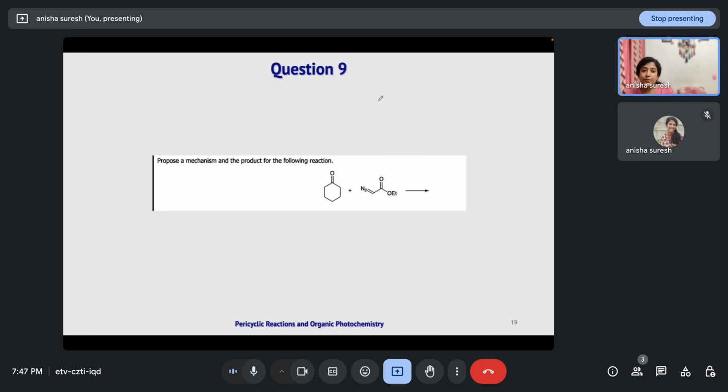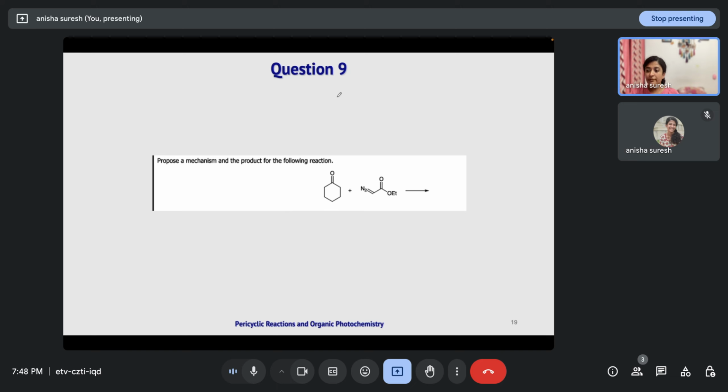Now coming to the next question, that is question number 9. Propose a mechanism and the product for the following reaction. So here a cyclohexanone is given and it is reacted with this alpha diazo ester.